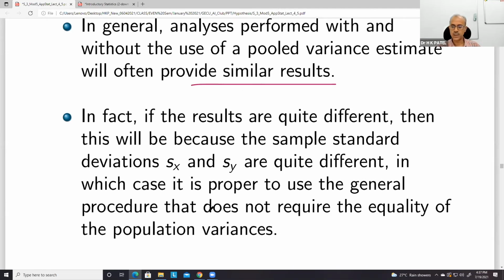We don't know the standard deviations of the populations, and if the sample standard deviations are quite different, then it is better to use the general procedure. In this case, if you use the pooled variance procedure, the result may be quite different. That is the reason.